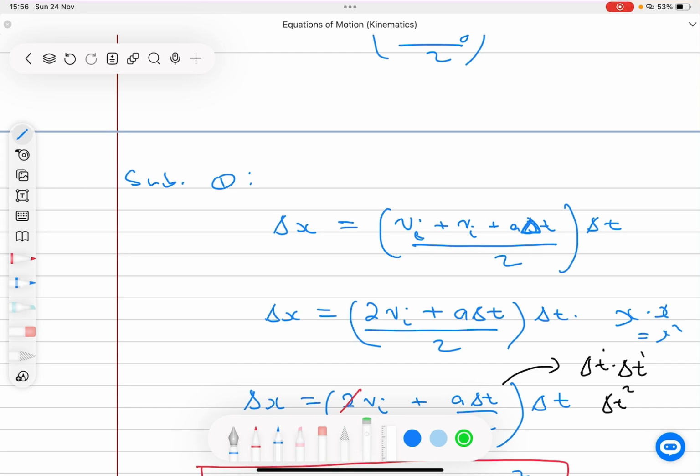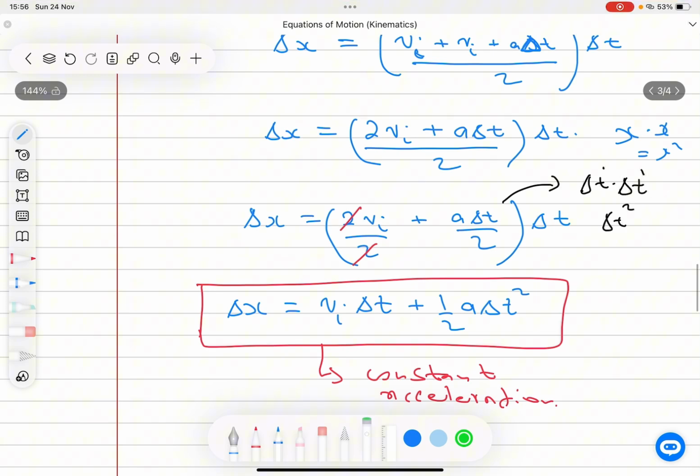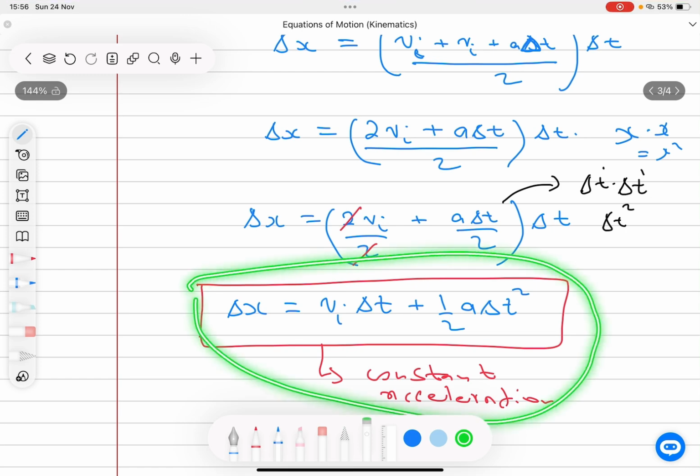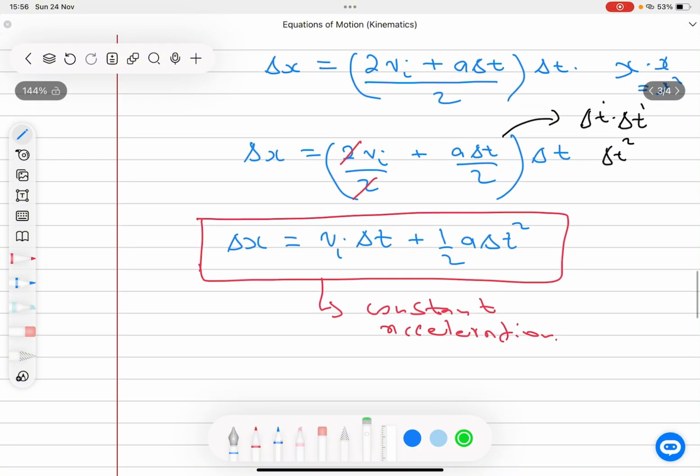So I combined these two equations, which we already know require constant acceleration, so this automatically means this equation as well holds when the acceleration is constant. I'm going to call this equation 5 as far as deriving our equations, but it is the third equation of motion.